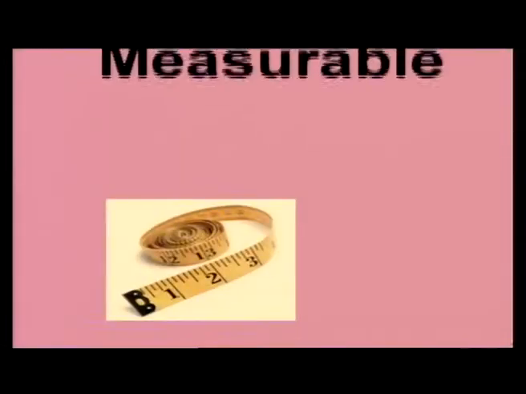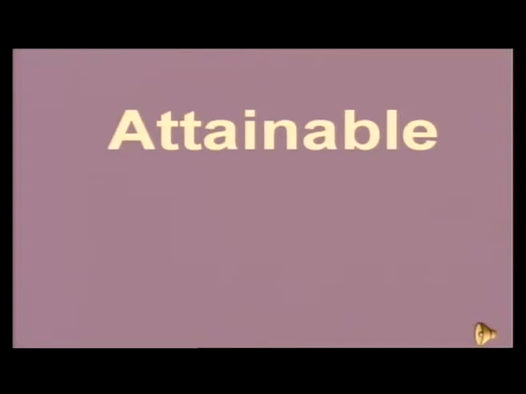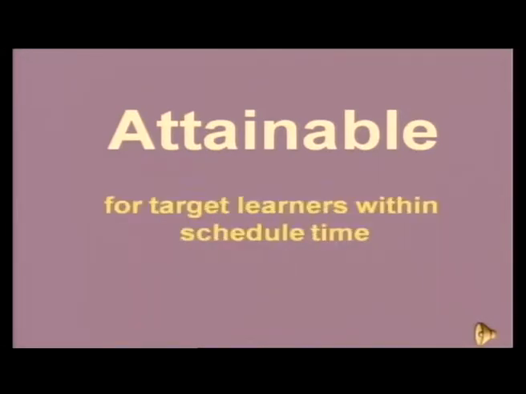The next is M. M stands for measurable. Measurable means it can be assessed. Third is A, which stands for attainable. Attainable for the target learners within the scheduled time.